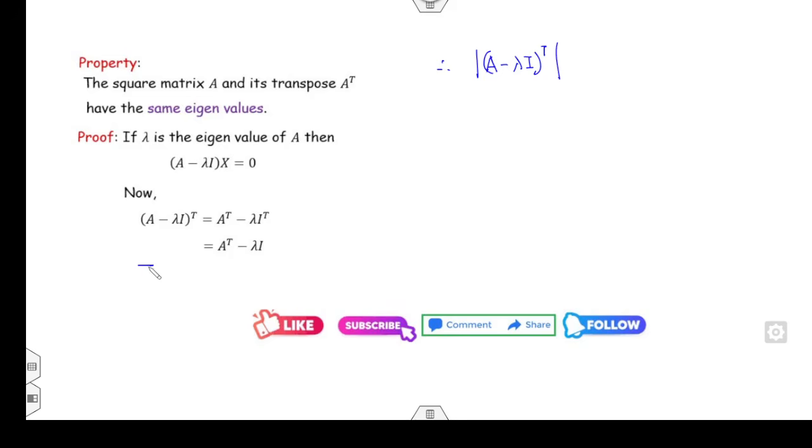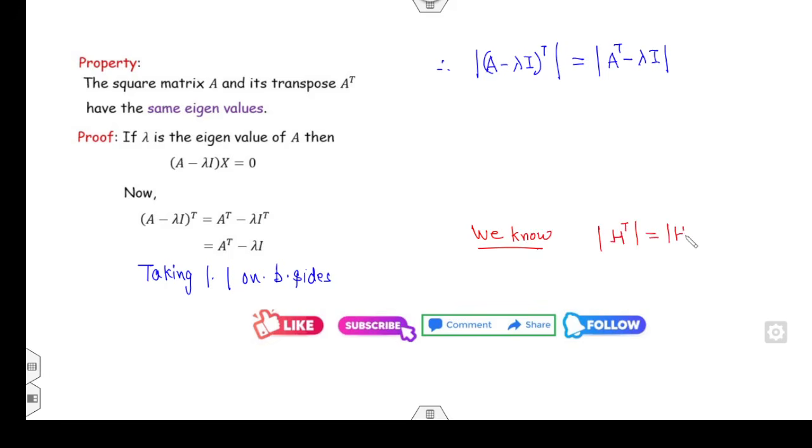Now let's start with the transpose of A minus lambda I. Taking the determinant on both sides, you will get the determinant of A transpose minus lambda I. Fine. And we all know that for any matrix H, the determinant of H and the determinant of H transpose are the same.